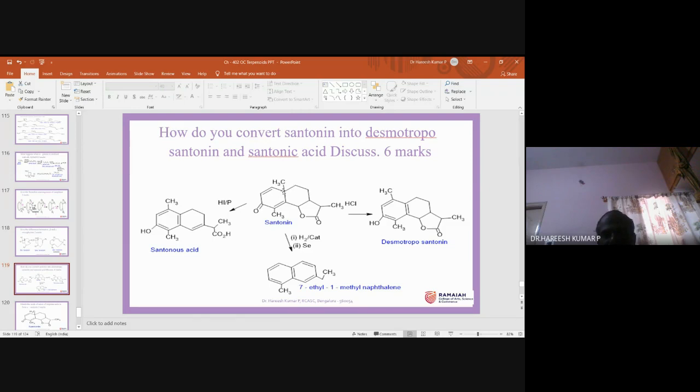The angular methyl group is migrated from the bridged carbon to this carbon, and ring A is aromatized. That's the difference between desmotroposantonin and santonin. Santonin is converted in the presence of HCl by involving the migration of the angular methyl group, forming ring A as aromatic.